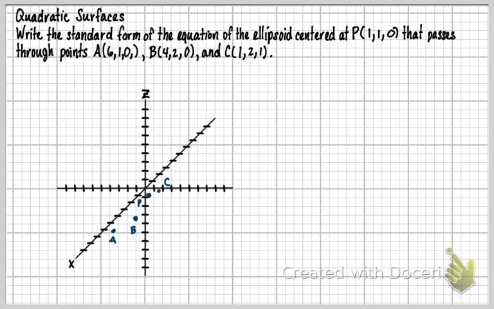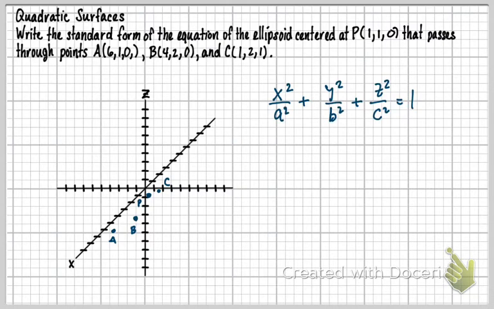So I know right away, though, that since this is centered at 1, 1, 0, that my x distance here is going to be 5. So I do know right away that my general form for an equation is x. Now, actually, let me write this right. Yeah, I'll write this down. This will be okay. That this would be my general form.